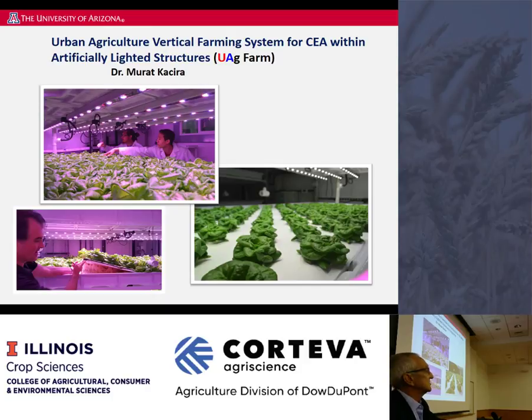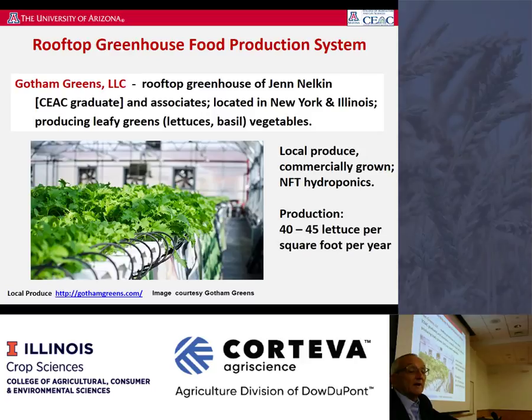But even locations like Hawaii, isolated from the rest of the world by the ocean and having expensive resources, this allows you to use them more efficiently in the long run. Anyway, we have a unit that we're studying, Dr. Kachira, my colleague, and others, the students working on this at the Controlled Environment Agriculture Center.